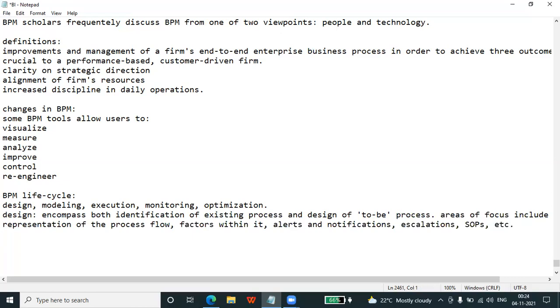Then we have to decide whether or not existing processes are considered. The aim of this step is to ensure that the correct and efficient theoretical design is provided.